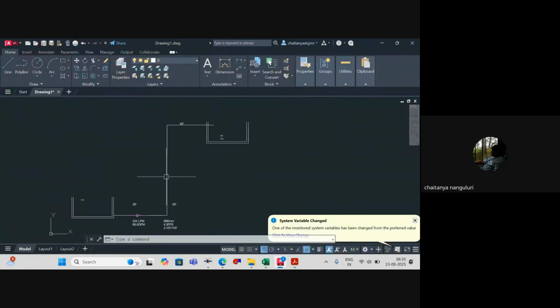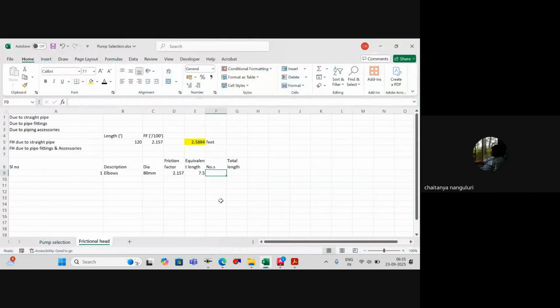So total length is equivalent length into numbers, multiplied by friction factor divided by 100. Automatically 0.3235 feet is the total value. Understood?